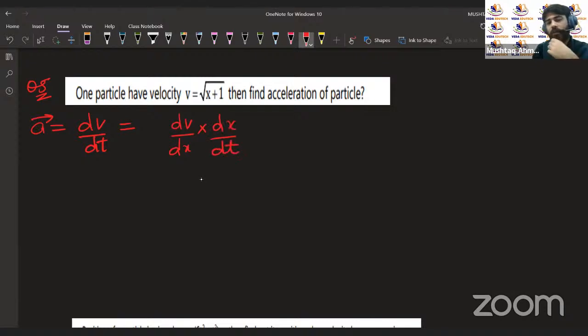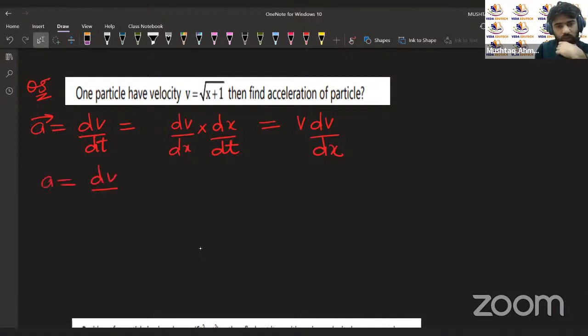It won't change. So we'll be left with dx over dt, which is v, velocity, and dv over dx, which is the slope of the v-x graph, right? So our acceleration is either dv over dt, or we can rewrite it as v dv over dx, right?